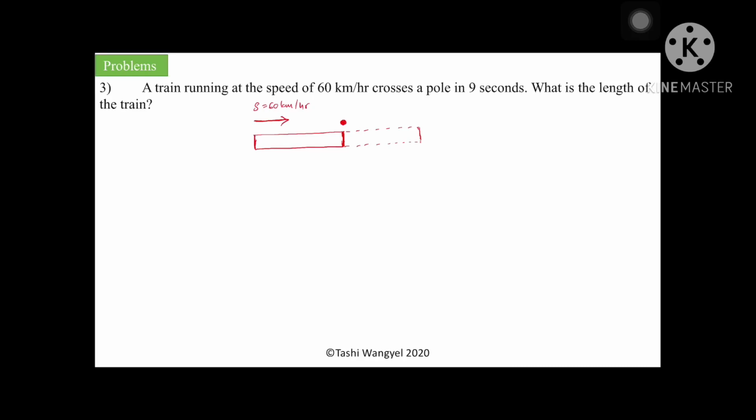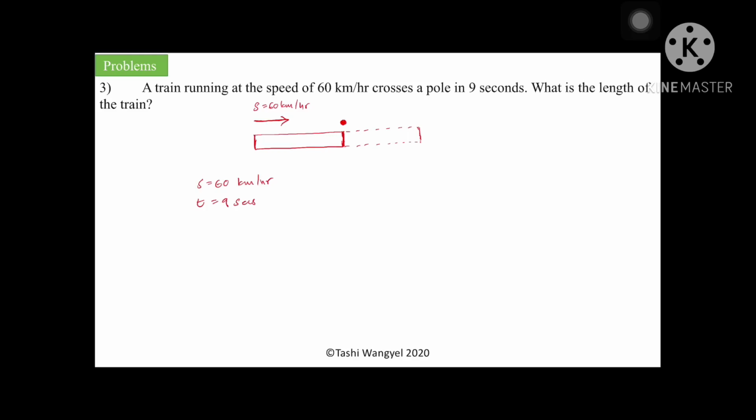So the speed is 60 km per hour, and the time is 9 seconds to cross the pole.